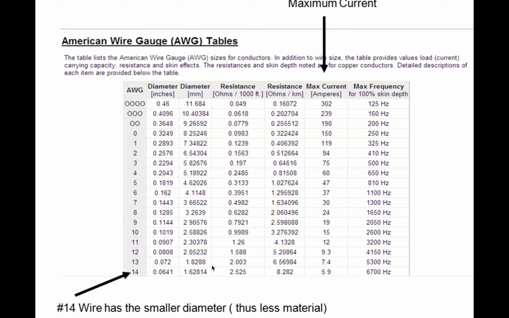So if you're using the smallest wire, you have the smallest diameter and high resistance, which limits the amount of current you can carry. This is all based on the engineering calculations that go into electricity, where voltage is equal to the current times the resistance, or V equals IR.